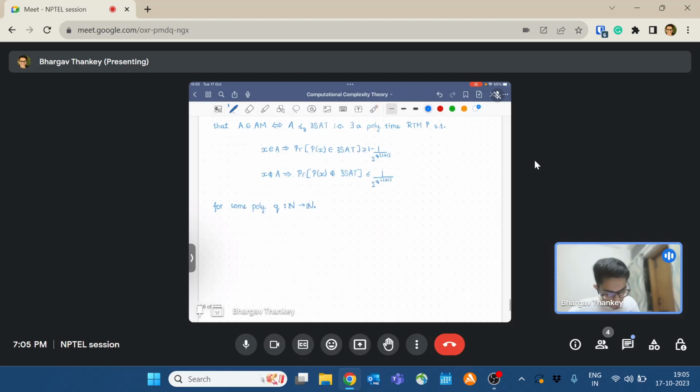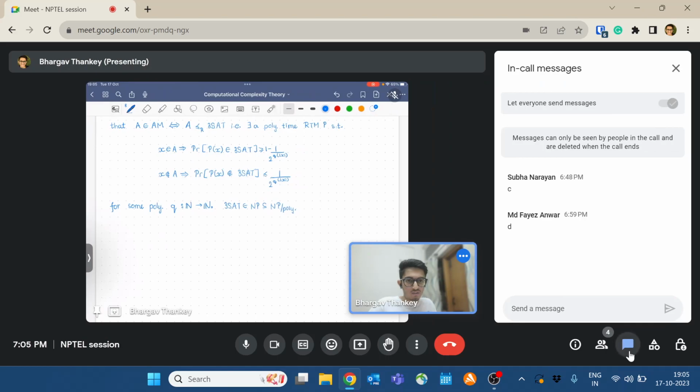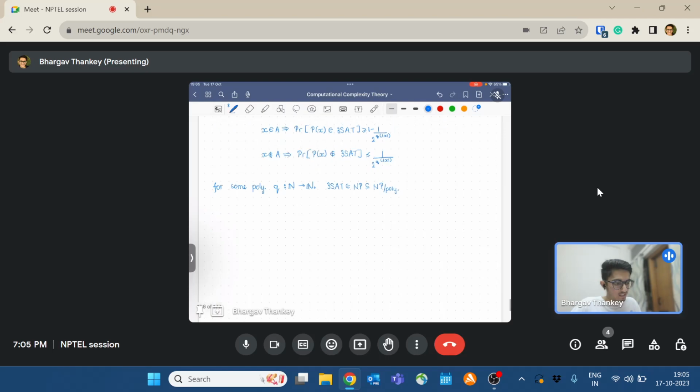So we have this. And we also know that 3SAT is in NP, which is in NP/poly, because if you have a Turing machine that verifies it, all you have to do is convert that Turing machine into a family of circuits using ideas similar to the proof of the Cook-Levin theorem, and you get a circuit family that verifies 3SAT. So 3SAT is in NP/poly, and now we're using that BPP is in P/poly.